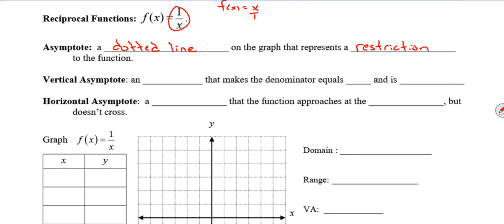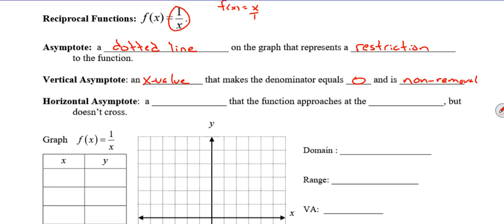All right, there are two types of asymptotes that we're going to focus on in Algebra 2. Now there are additional types which you'll learn about later, but what we're going to talk about is a vertical asymptote, which is an x value that makes the denominator equal 0, and is non-removable.